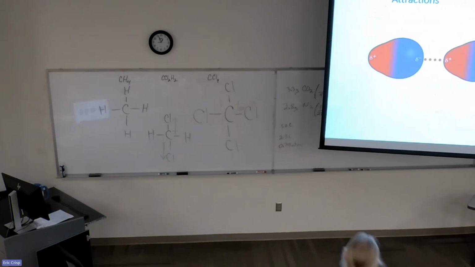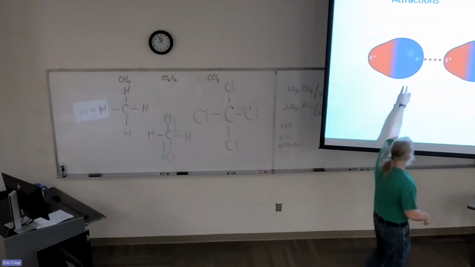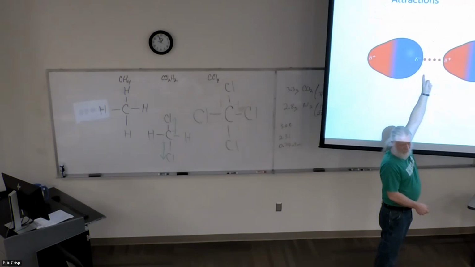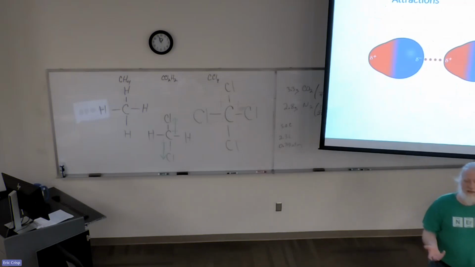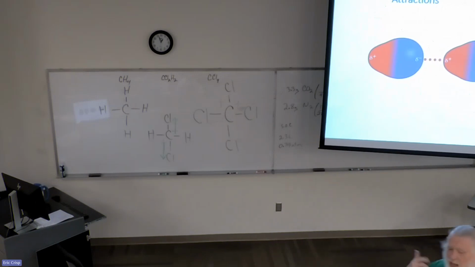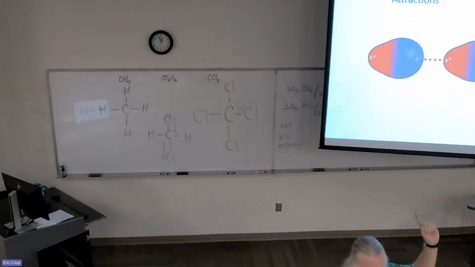So let's say the molecule on the left, its negative end here can see the positive end on the other molecule. What happens with north and south poles on magnets? They attract each other. Well, the positives and the negatives attract each other. So there's a bond set up between those two. It's a dipole-dipole intermolecular bond.